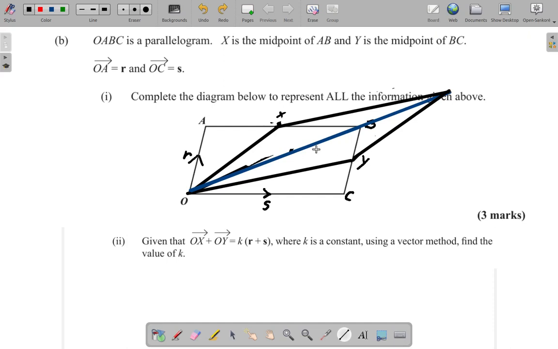Alright, this probably would look like this, but anyway, remember, R plus S would end here, but OX plus OY will go all the way out here.